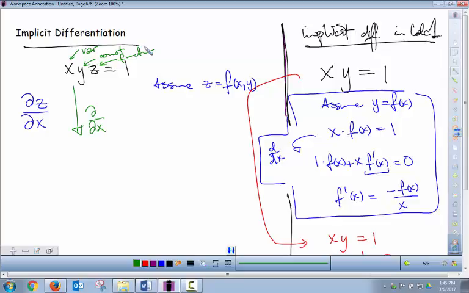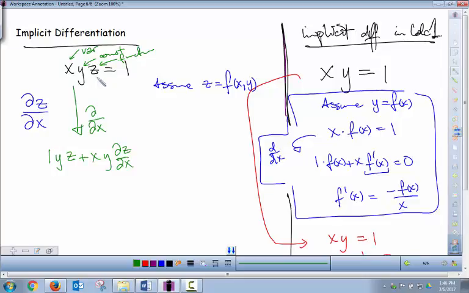So let's just ignore the y because it's a constant. And then we have x times z. Taking the derivative of that, we have to use a product rule. So the derivative of x, derivative of the first times the second plus the first times the derivative of the second. So there's our product rule. Well, I didn't replace it.